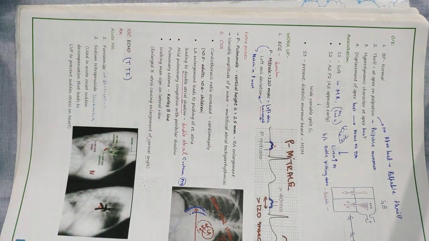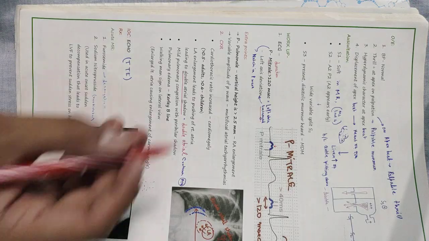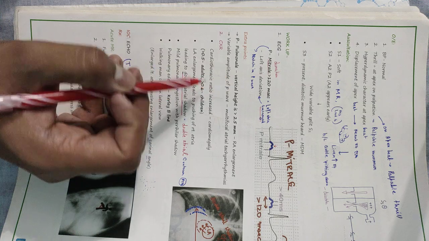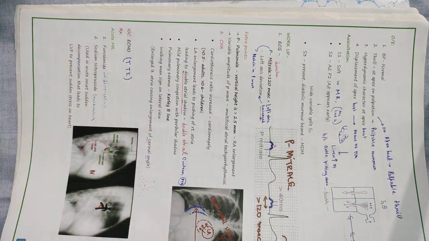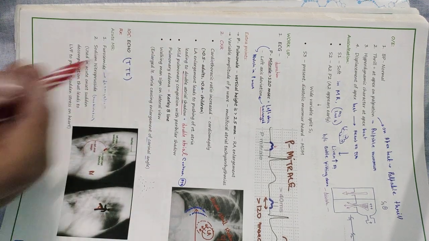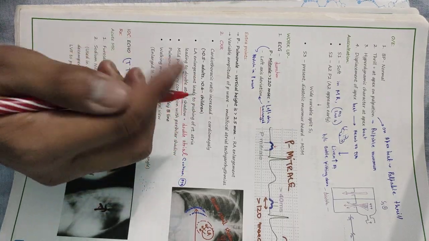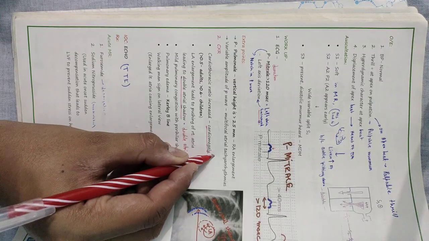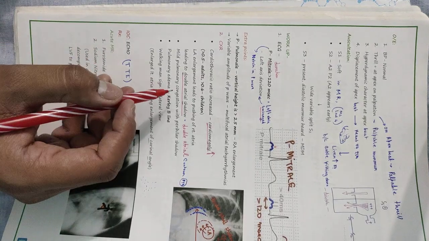This is a PYQ question. In the X-ray, what we see is the cardiothoracic ratio increased because of cardiomegaly. Simply, the heart is getting enlarged.